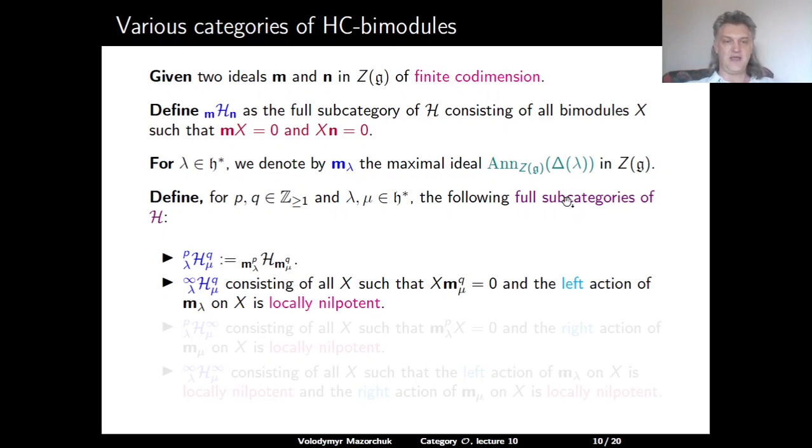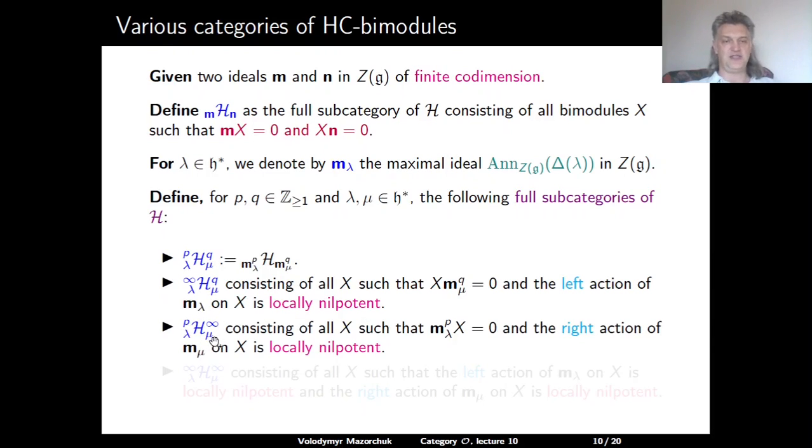The subcategory H with left lambda upper infinity and right mu upper q is the full subcategory of H consisting of all bimodules which are killed on the right by the q-th power of m_mu, and such that the left action of m_lambda on these bimodules is locally nilpotent. Similarly, we define H with left lambda upper p and right mu upper infinity as the full subcategory of H consisting of all bimodules which are killed by the p-th power of m_lambda on the left, and such that the right action of m_mu is locally nilpotent.